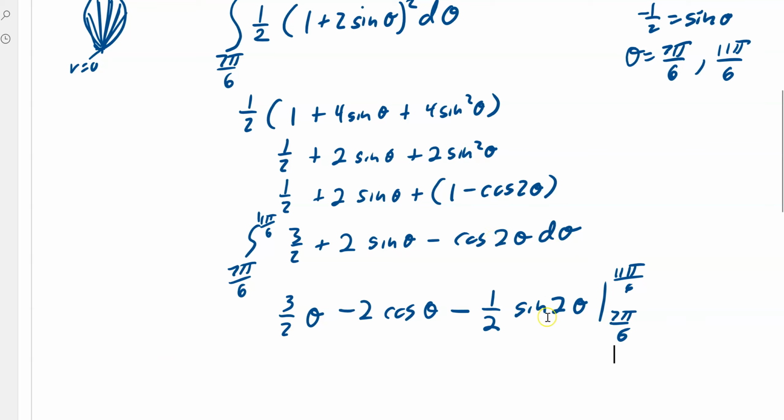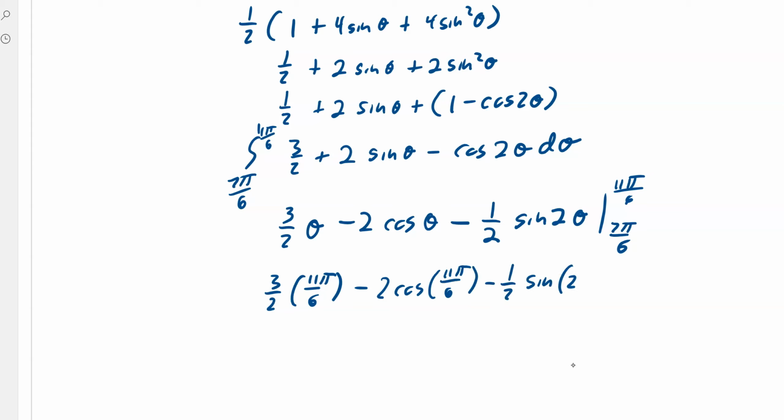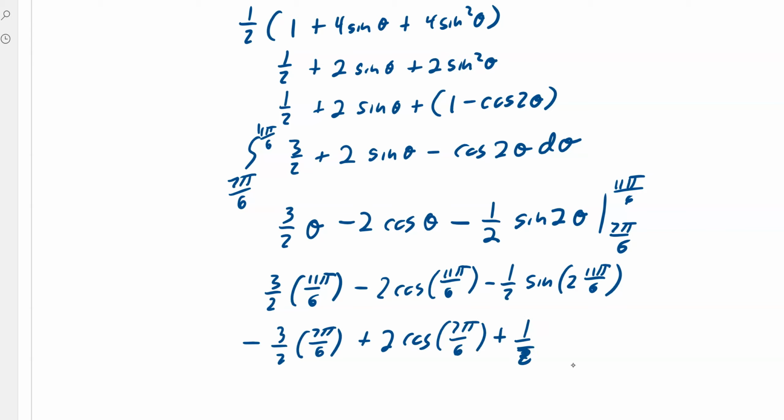So when we take the integral it would have been sine, and then the derivative of sine 2 theta is going to have a 2 on the outside, which cancels with the half. All right, so we have 3 over 2 times 11 pi over 6, minus 2 cosine of 11 pi over 6, minus 1/2 sine of 11 pi over 3. And then we do the opposite, so minus 3/2 times 7 pi over 6, plus 2 cosine 7 pi over 6, and minus 1/2, so now it'd be plus 1/2 sine of 7 pi over 3.